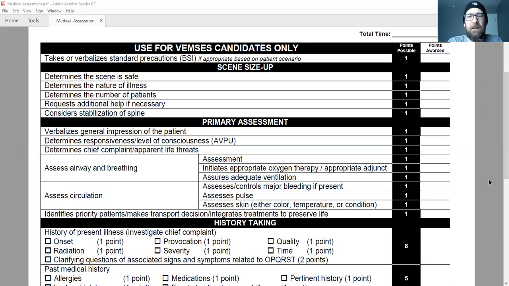Once we get through that quick assessment of them, I'm going to put the pulse oximeter on as well, because at this point, we're also going to do any oxygen therapy that we may need. Here's the important part about the oxygen therapy. Whatever we do, our goal with the pulse oximeter is to get the patient's oxygen saturation levels to 94% or above.